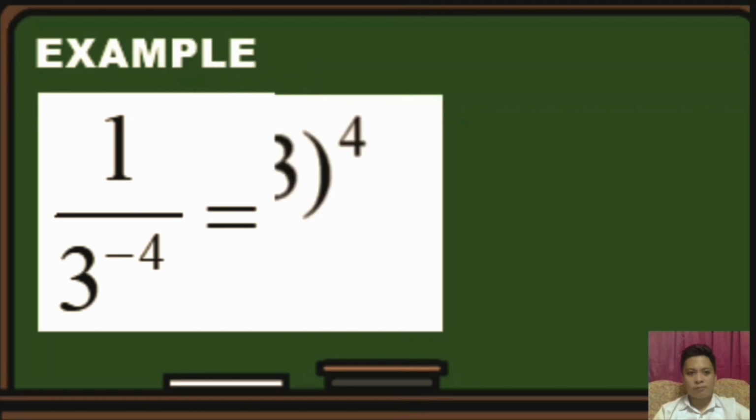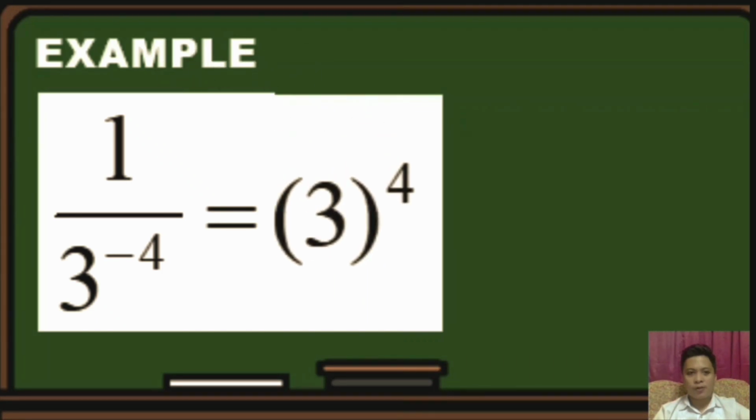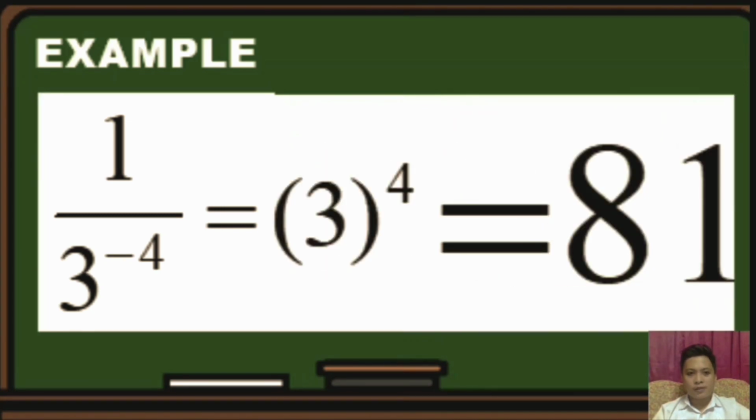So we will have 3 raised to 4. Remember, for a whole number, the denominator is considered 1, so no need for us to write 1 as the denominator. So 3 raised to 4, simplify it, it is equal to 81.